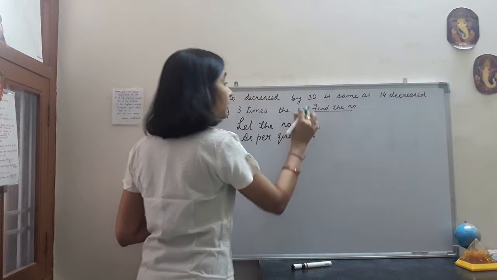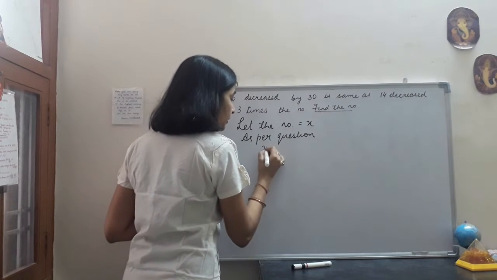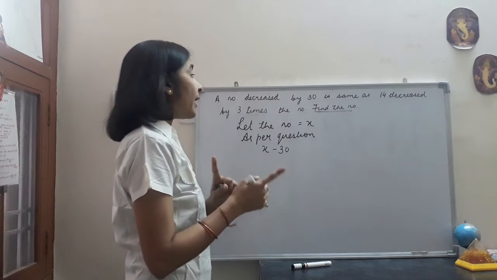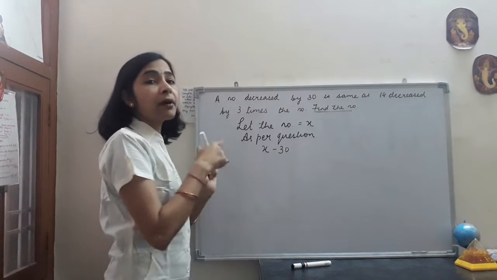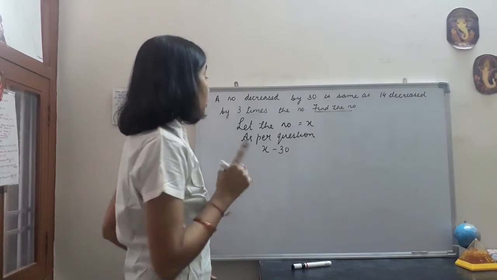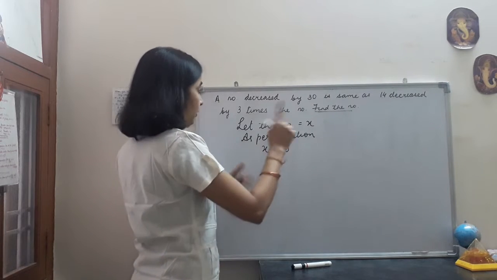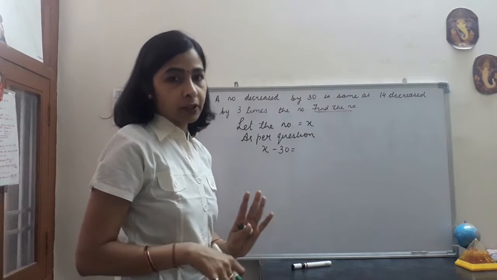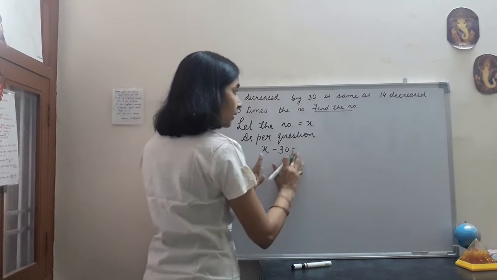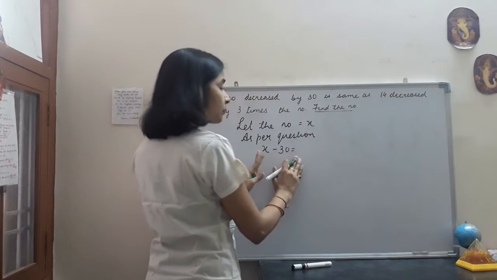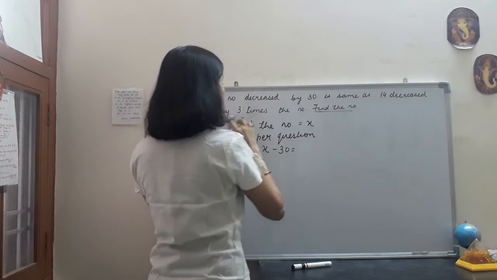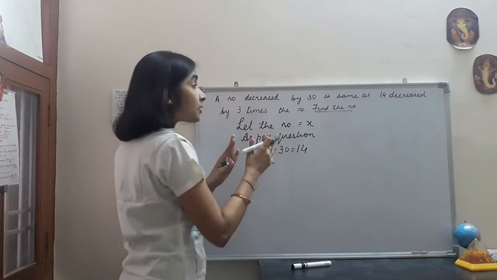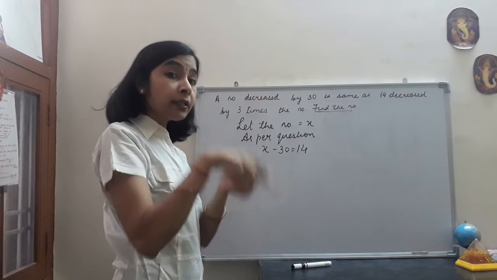A number decreased by 30, that means the number is x, it is decreased by 30, is same as 14 decreased by 3 times the number. So 14 decreased, that means we are decreasing 14. Is same as is given, so we will just put an equal to sign here. 14 is decreased not by the number but by 3 times the number.